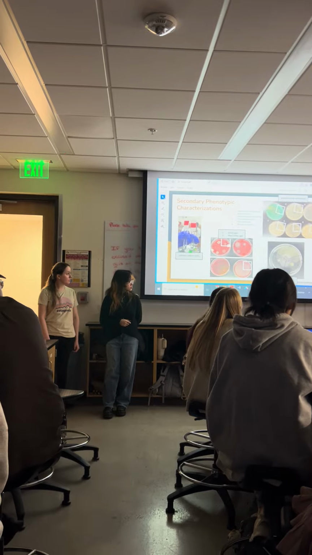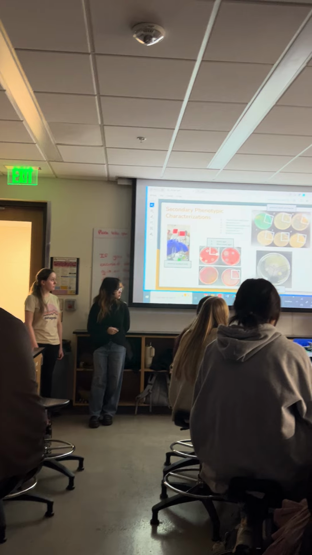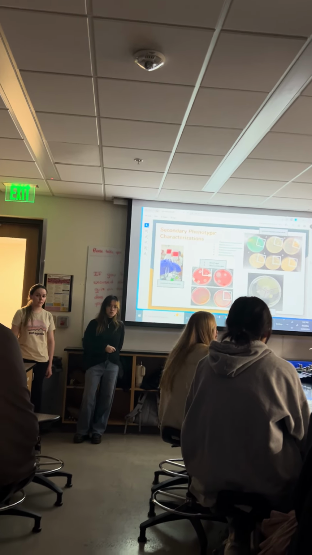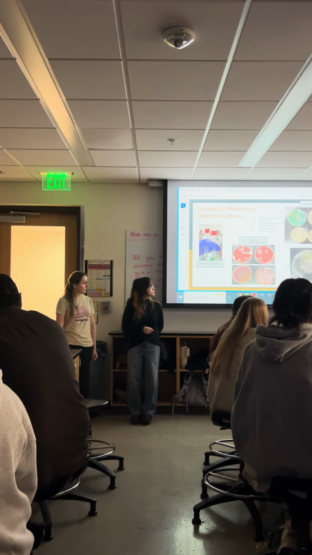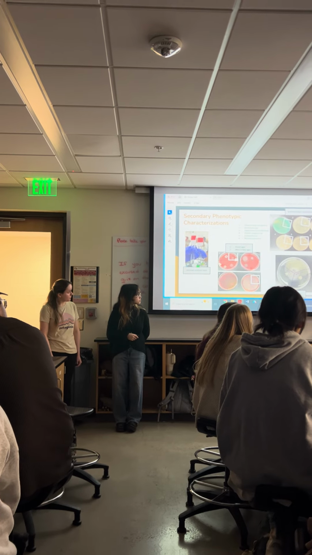I'm not entirely sure, but that's my theory. So literally describe the image. What do you think is happening around your bacteria where you plated it on plate number 5?